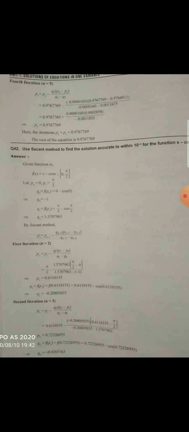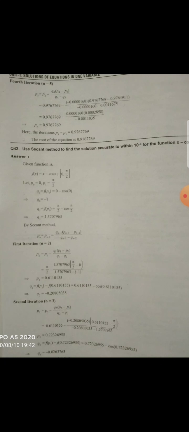First iteration, n equals to 2. P2 is equal to P1 minus Q1 into P1 minus P0 by Q1 minus Q0, is equal to 5 by 2 minus 1.5707963 into 5 by 2 minus 0 by 1.5707963 minus of minus 1.